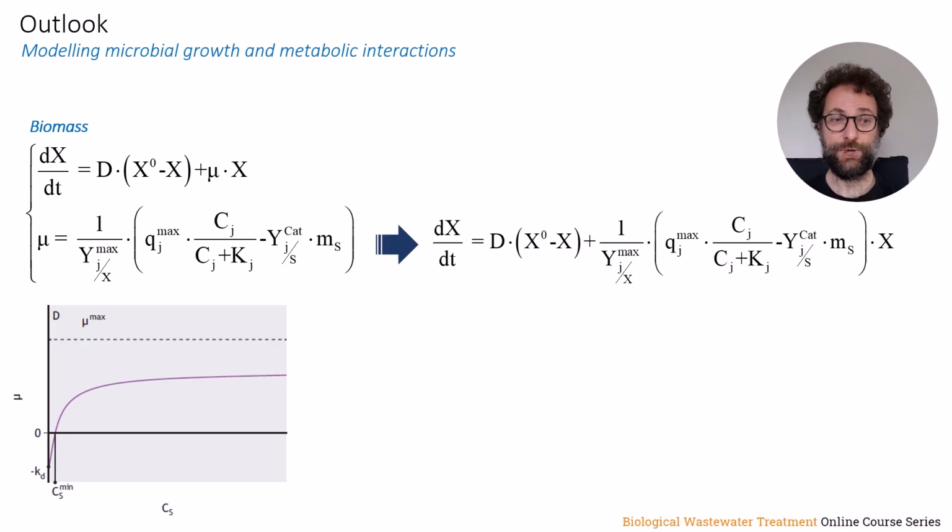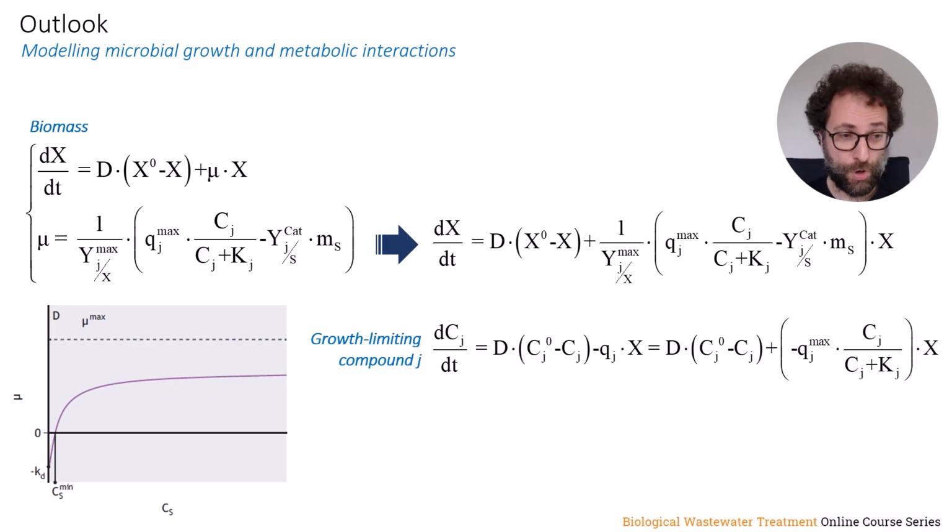Based on this system of equations, we can derive and write down the differential equation on how the biomass will evolve over time in your given system, given a dilution rate, an influent biomass concentration, and all these other parameters characterizing your biomass. For the growth limiting compound, J, the accumulation term of your compound is again a function of influent and effluent concentration, the dilution rate you impose, and the rate at which this substrate is consumed.